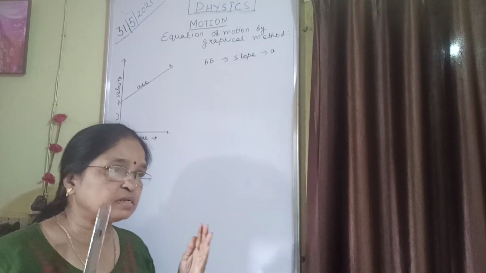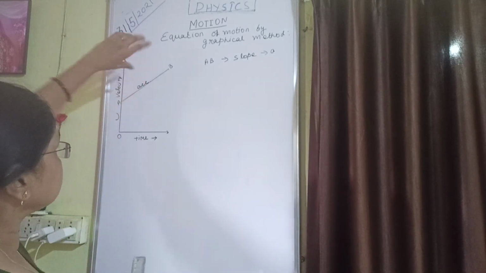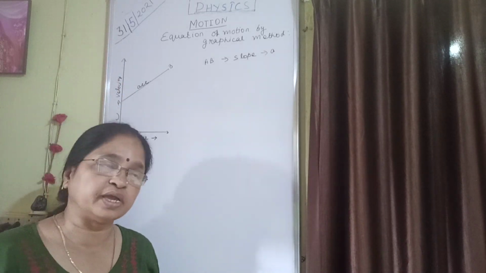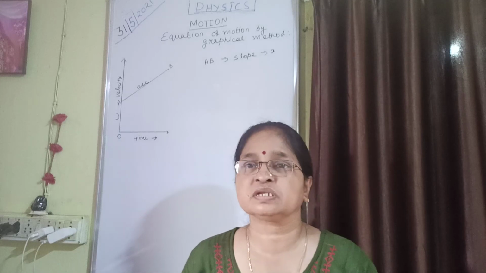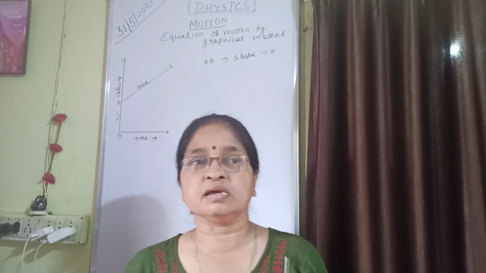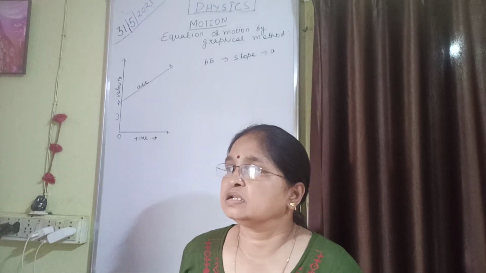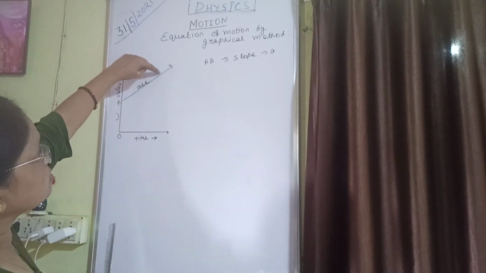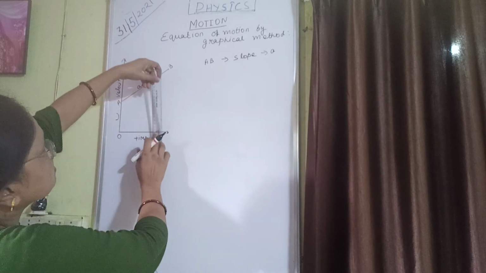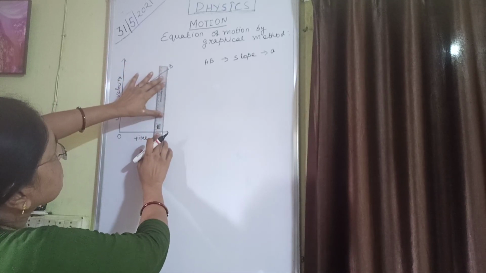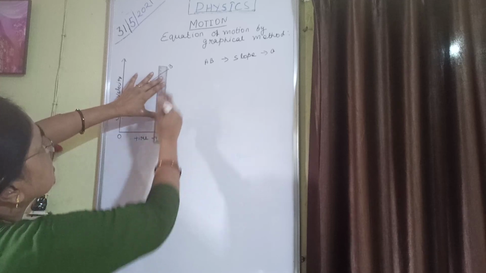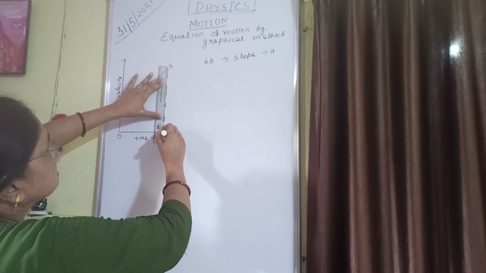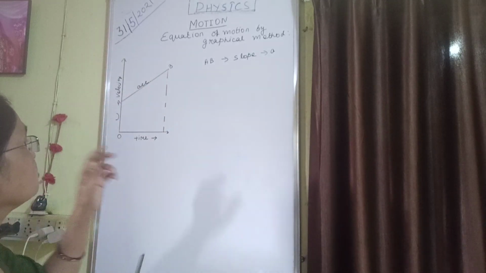So how will we relate this acceleration, that is AB, to the time axis as well as the velocity axis? Students, always remember that whenever we relate anything with the x-axis and y-axis, we drop perpendiculars. So we drop one perpendicular line from B onto the time axis.